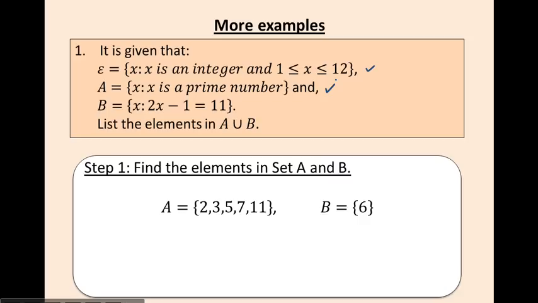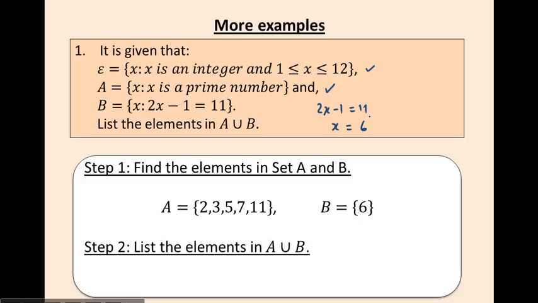How do we know that set B contains 6? We are going to solve this equation now. 2x minus 1 equals 11. Solving it, x is equal to 6. Therefore set B contains the element 6.